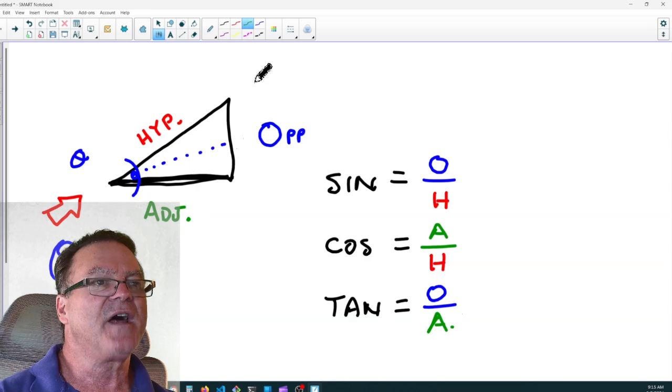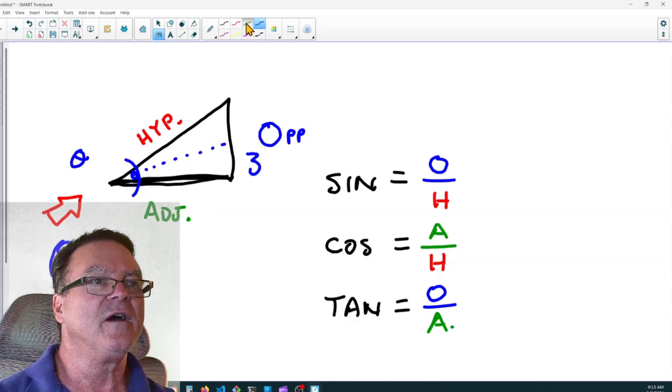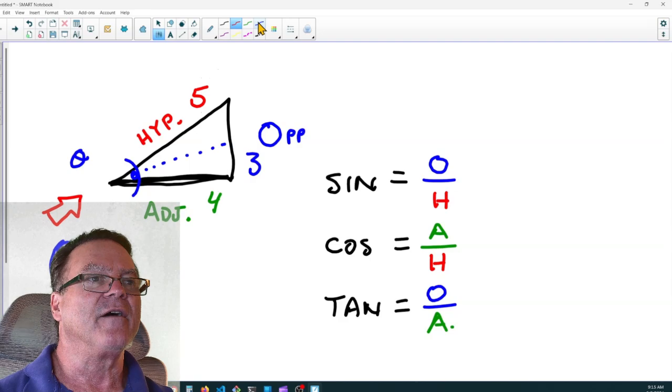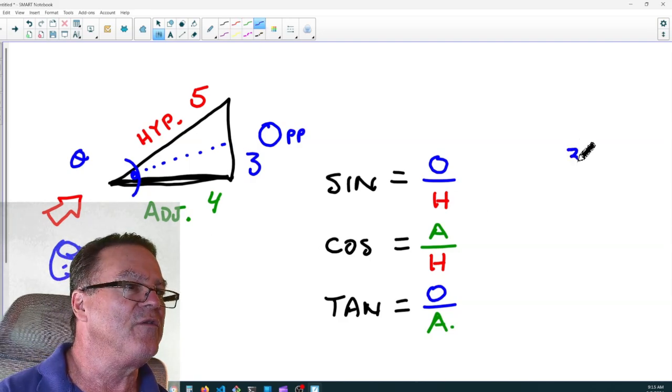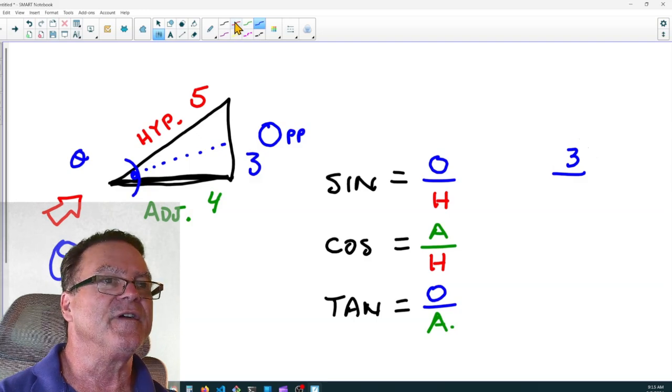So if the sides of my triangle measured 3, 4, and 5, I would have a sine of 3 over 5, 3/5.